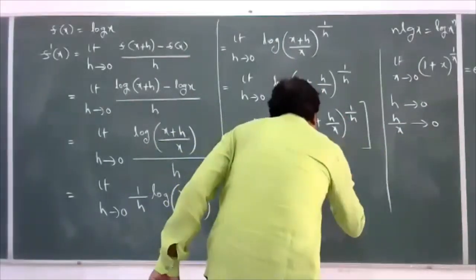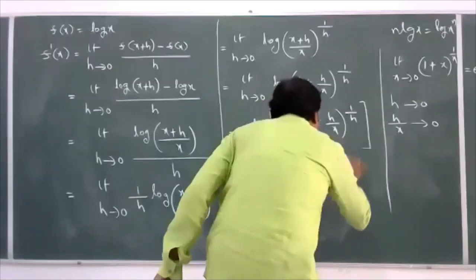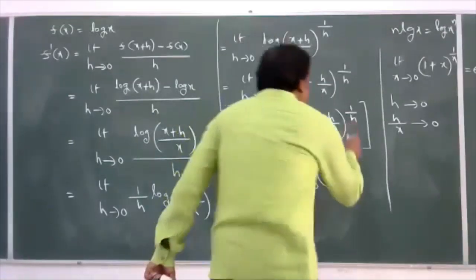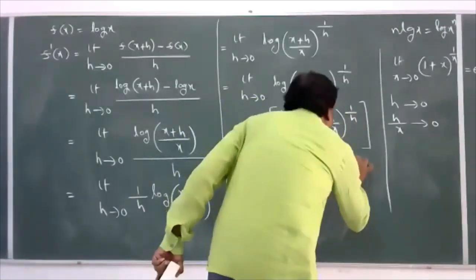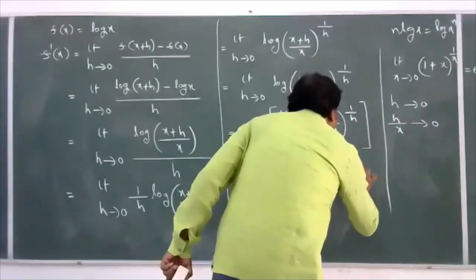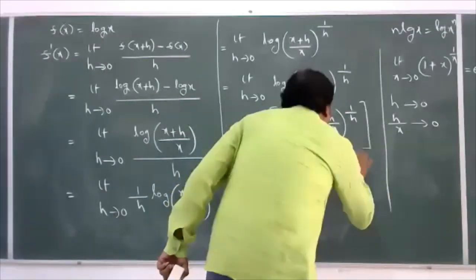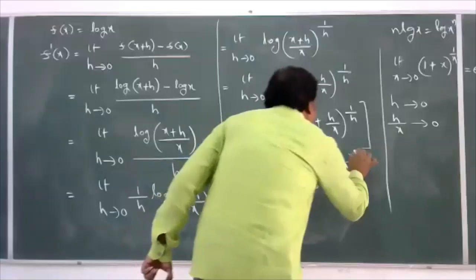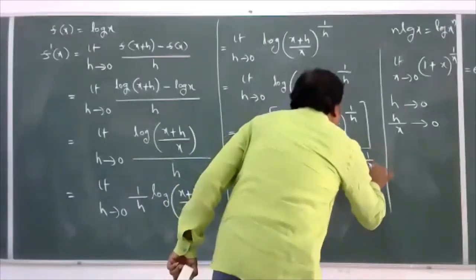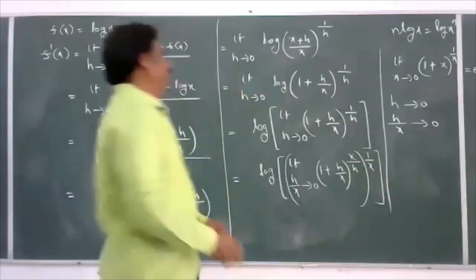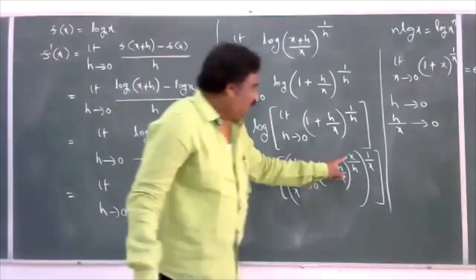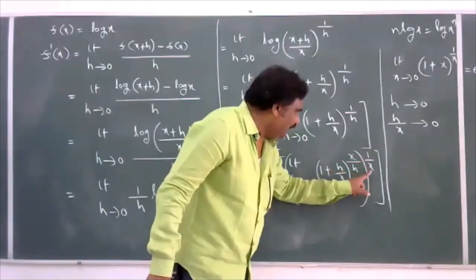Here (1 plus h by x) whole power 1 by h, multiplying with x, that is (h by x) whole power 1 by x. Here we are multiplying with x and dividing with x.